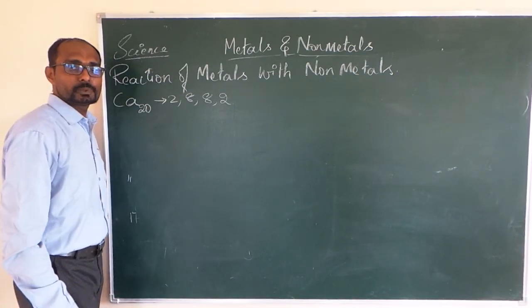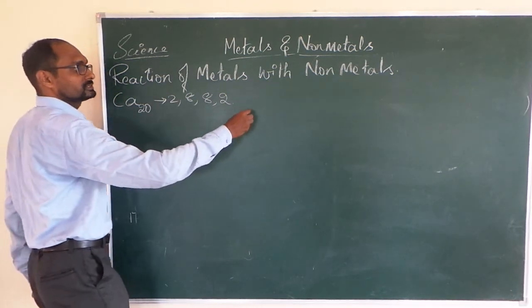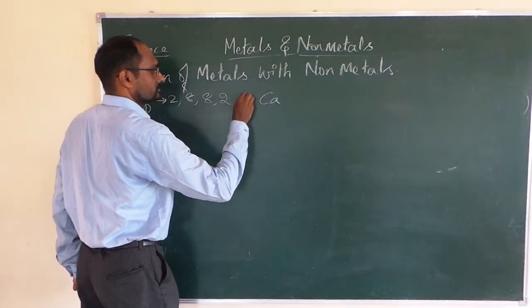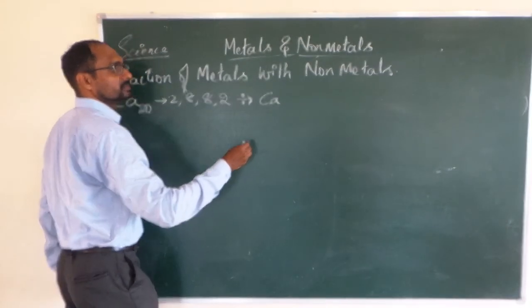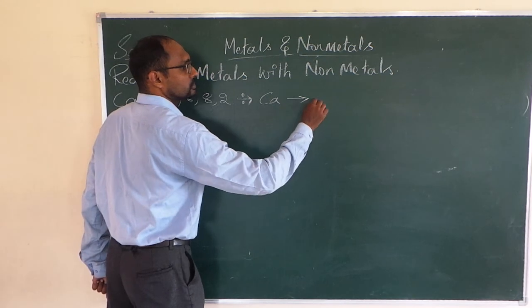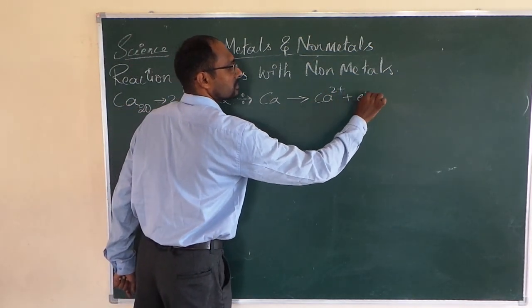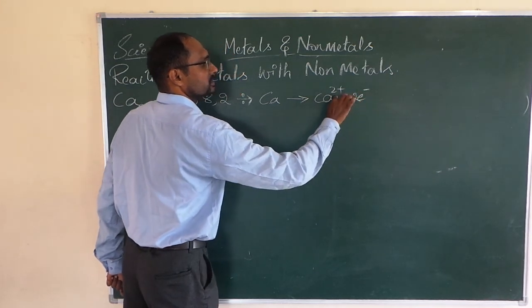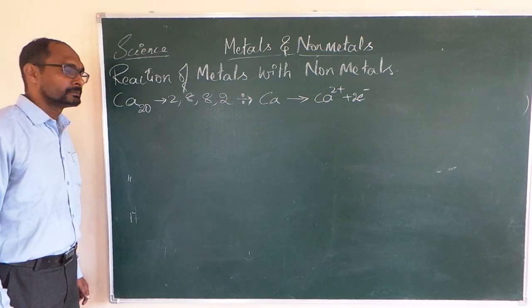As it has 2 electrons in the outermost shell, it loses 2 electrons. So calcium loses 2 electrons to form Ca2+ ion, the calcium ion.